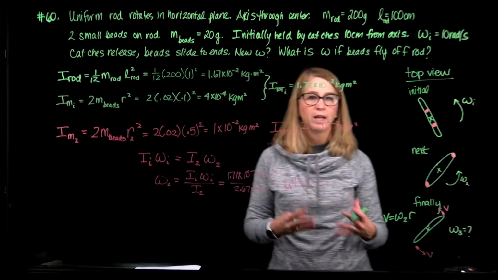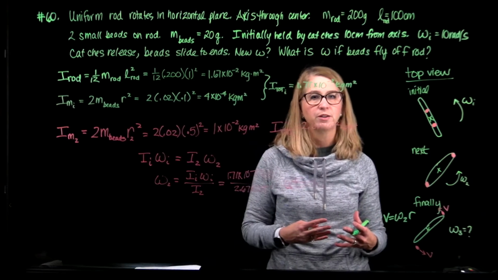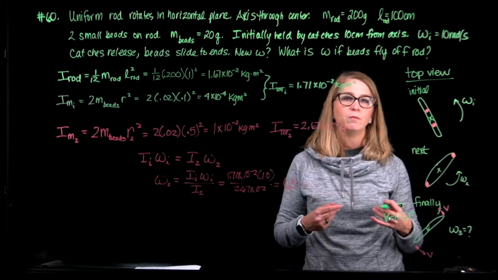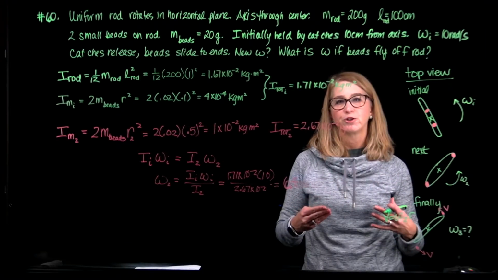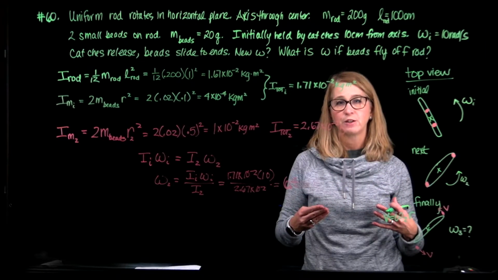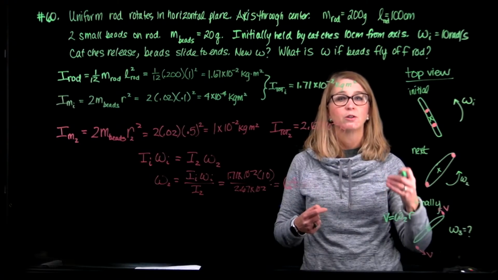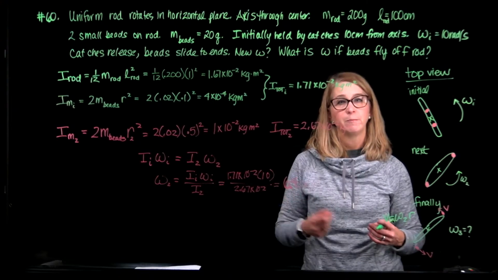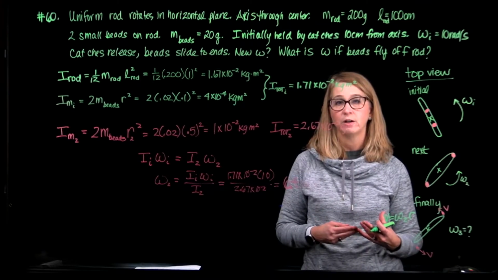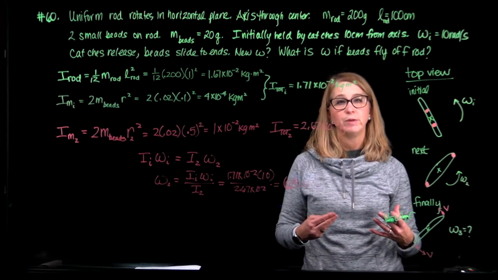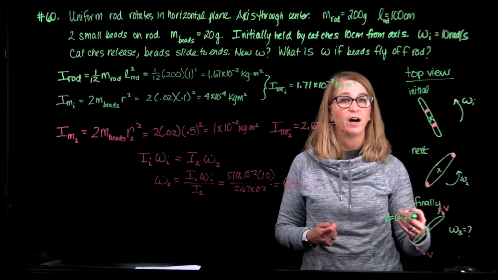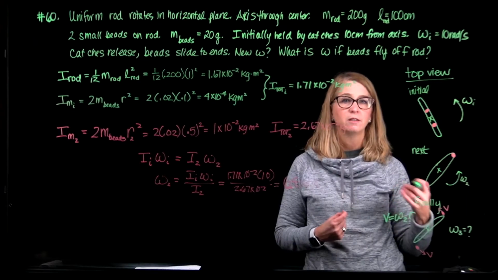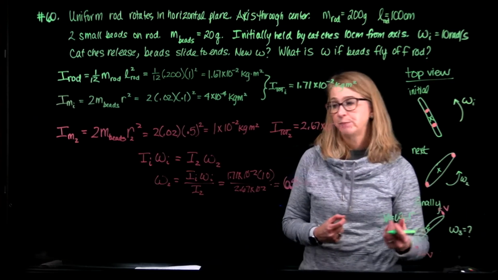So we might want to think about the angular momentum of the beads at that instant from more of the traditional definition of angular momentum, which would be the radius crossed with the momentum. Now the radius and the momentum would be perpendicular to each other, so the angular momentum of the beads would be simply the 0.5 times the angular velocity times the mass.